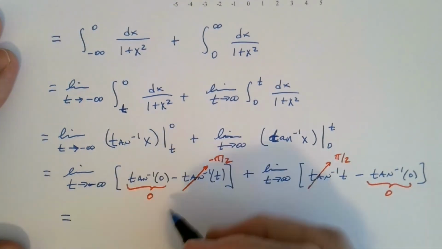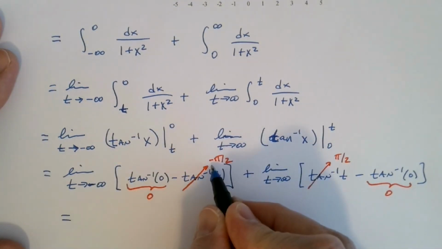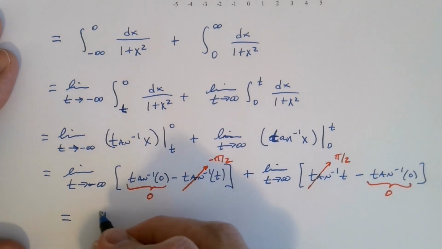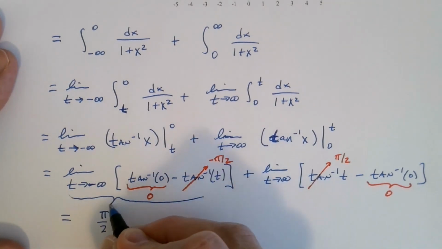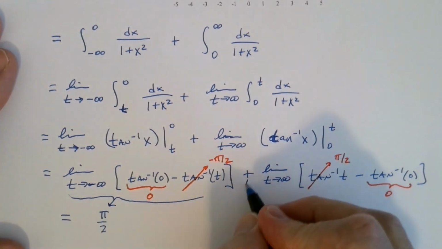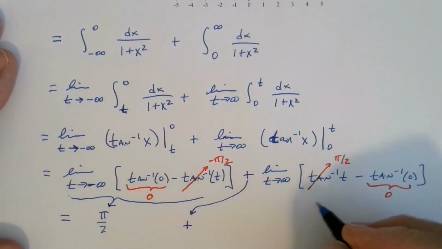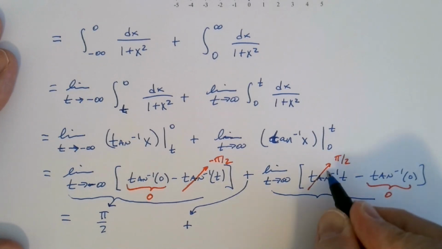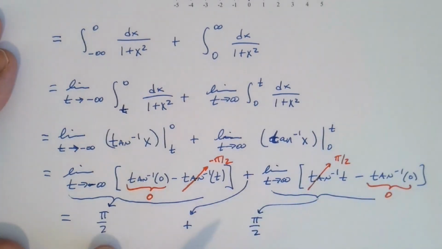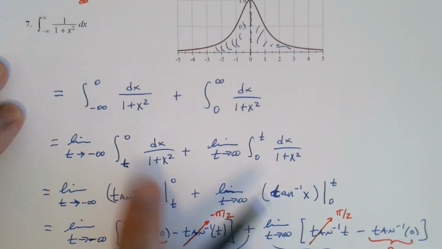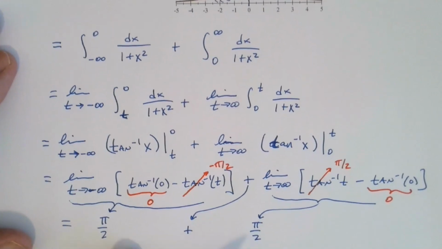So what's my limit here? 0 minus a negative pi over 2? That's pi over 2. That's what this whole thing comes out to be. Plus, what does this whole thing come out to be? Pi halves minus 0, so pi halves. Notice, as we said, both of these integrals are convergent, and their values are the same.